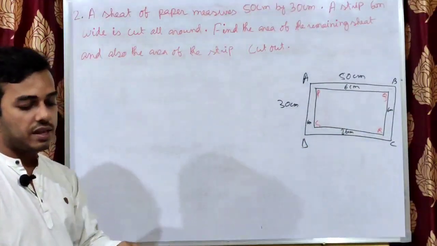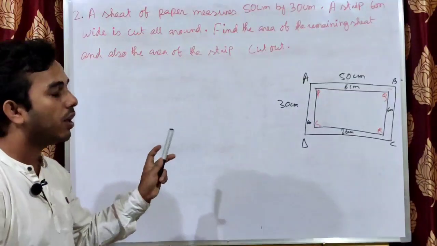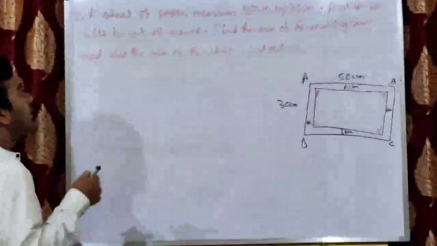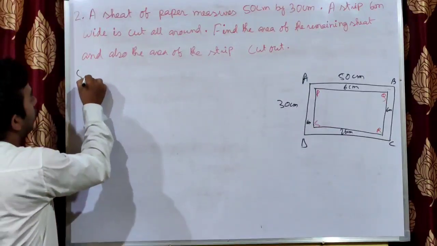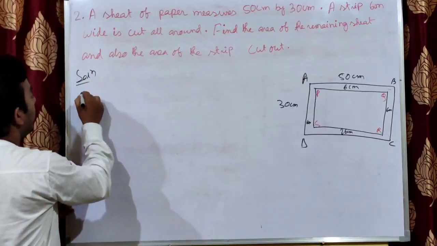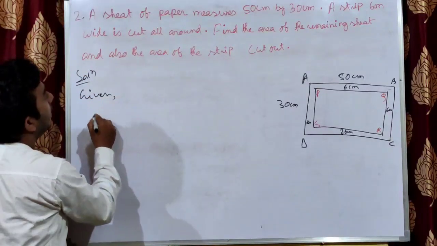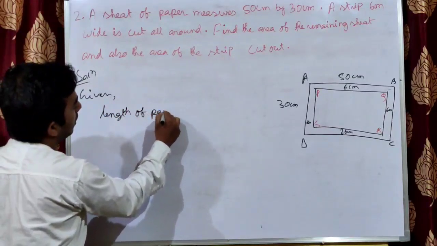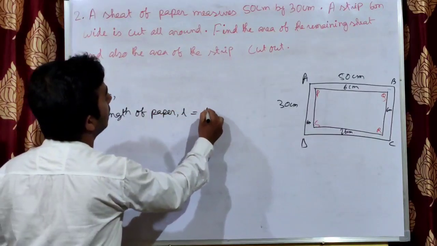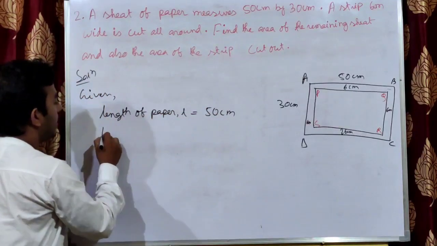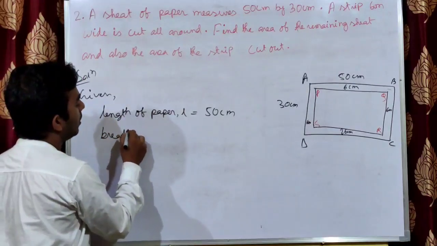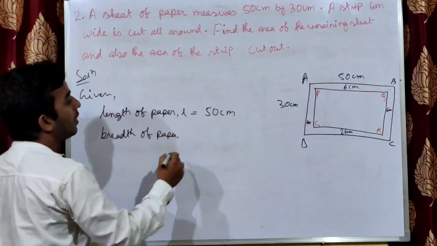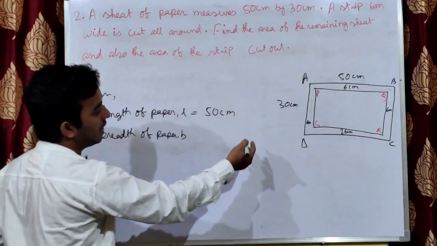So here, as earlier we found the area of both the squares, here we will find the area of both the rectangles. So look at the board. Here first of all we will write the solution. Given: length of paper, L equals 50 centimeter, then breadth of paper, B, or we can write as AD.